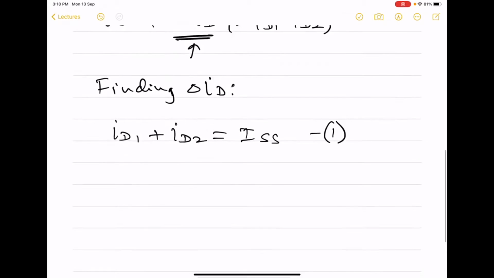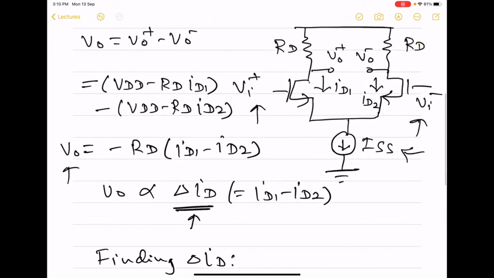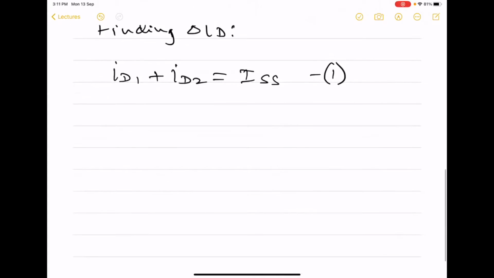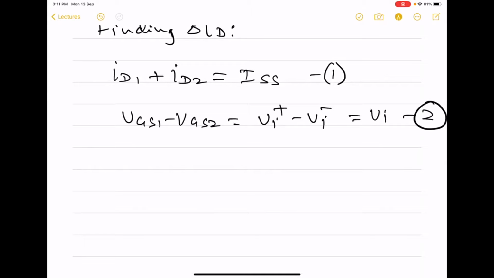Second, this voltage is VGS1, and similarly here we have VGS2. Since the source is common for both, the difference of VGS1 and VGS2 is equal to the difference of the two input voltages. So VGS1 minus VGS2 is equal to VI plus minus VI minus, which is of course the net input. This is the second equation which we need.